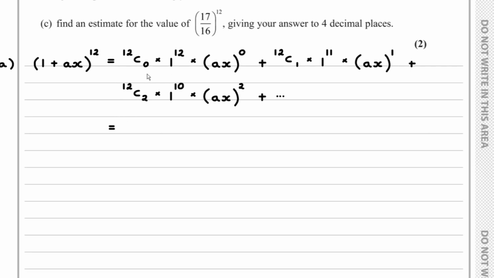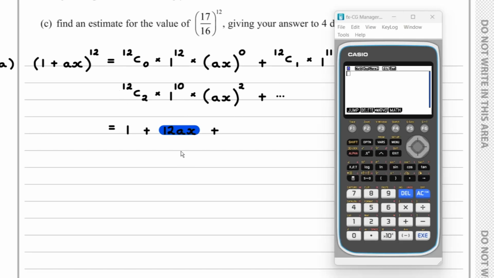So 12 choose 0 multiplied by 1 to the 12 multiplied by ax to the 0, that's just 1. And then 12 choose 1, which is 12, multiplied by 1 multiplied by ax gives us 12ax. And then for the next term, we have 12 choose 2.